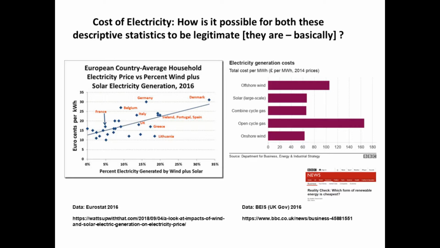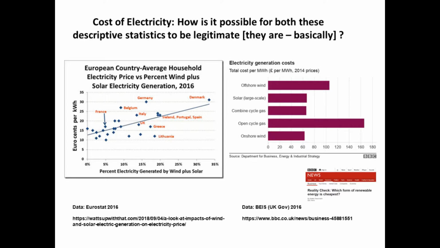So that's one graph, and a conflicting article we find on the left contains some more descriptive statistics. The left-hand side graph is a scatter plot showing on the x-axis the percentage of electricity in various European countries generated by renewable sources. It says wind plus solar, so for simplicity we can read this as mainly wind.